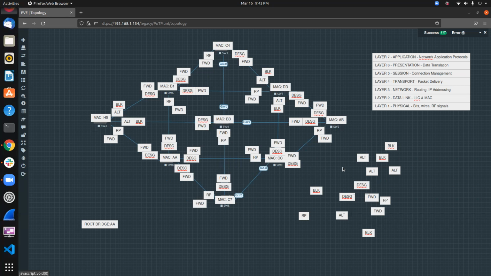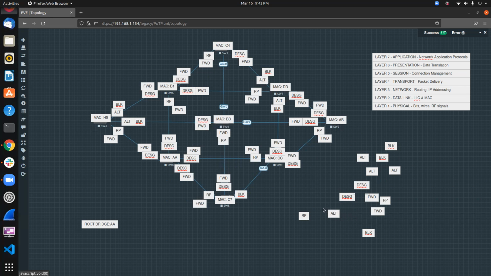So we went down to the tiebreaker, which is the lowest bridge ID, and we see that Gi 1/0 should be the one that is blocked because it, meaning MAC C7, has a higher bridge ID than MAC CC, which is switch 9.